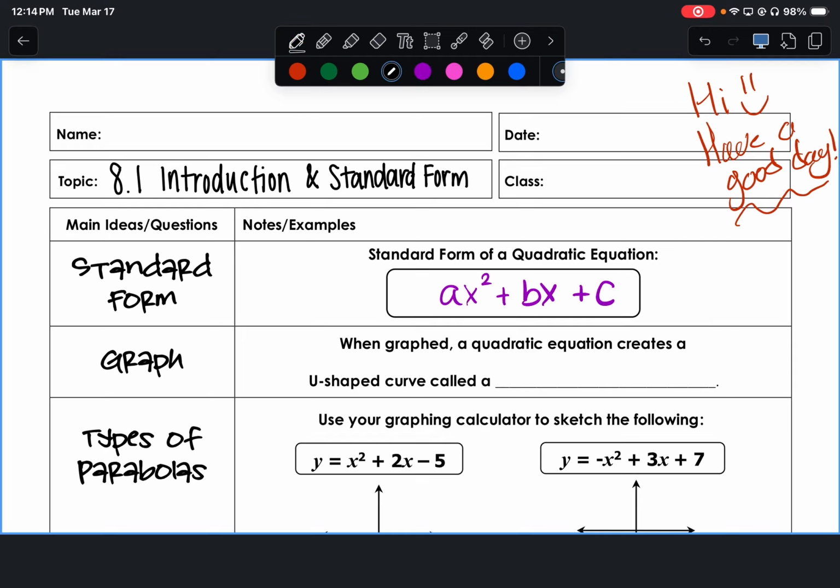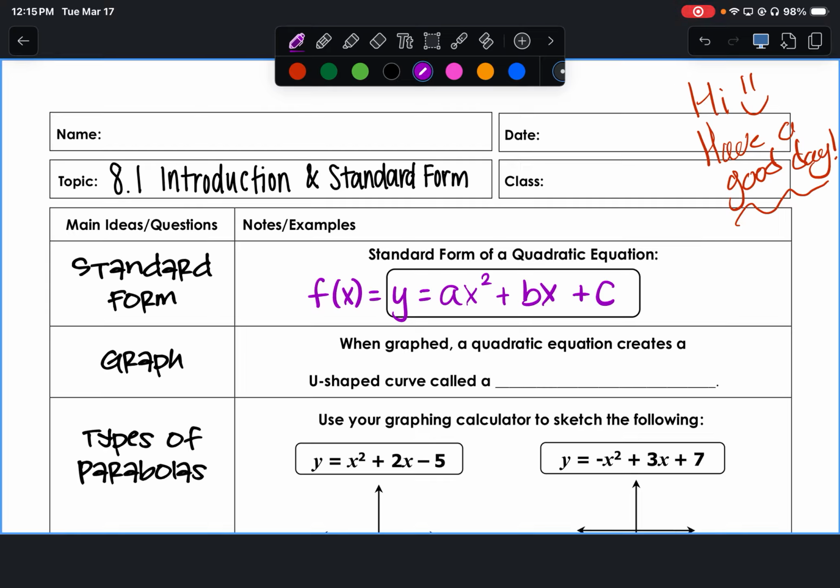Now, we will either use y equals for that or f of x. f of x just means it's a function. f of x and y will be used interchangeably. It just depends on what the problem is. Sometimes we use one, sometimes we use the other, but they mean the same thing. Okay, so that is our standard form.